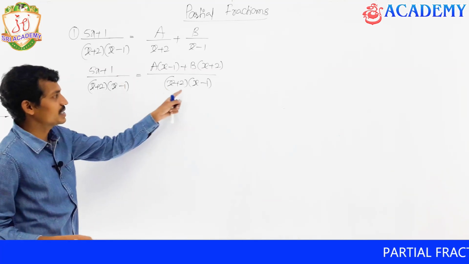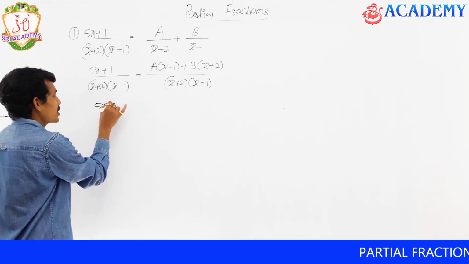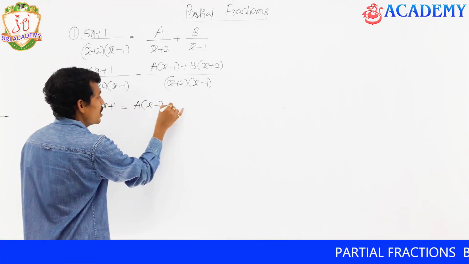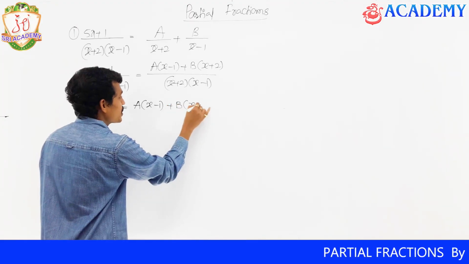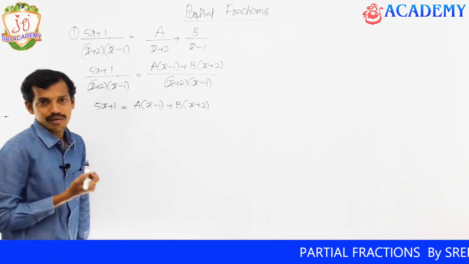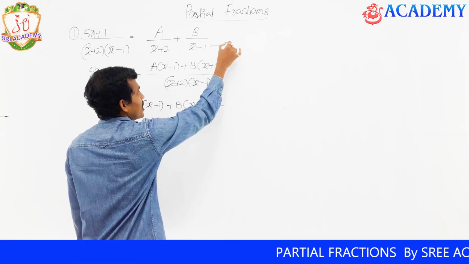On both sides the LCM is cancelled. Now the equation is 5x plus 1 equals a into x minus 1 plus b into x plus 2. Just the LCM is cancelled here. I call this equation 1 and this equation 2.